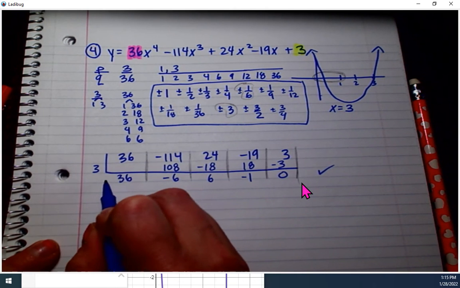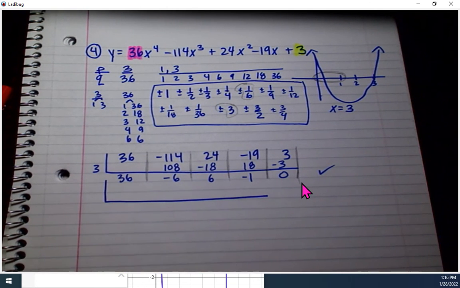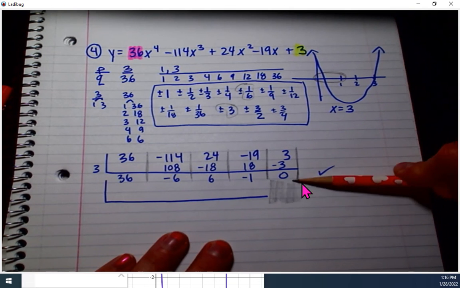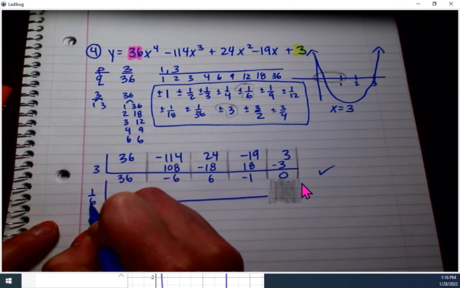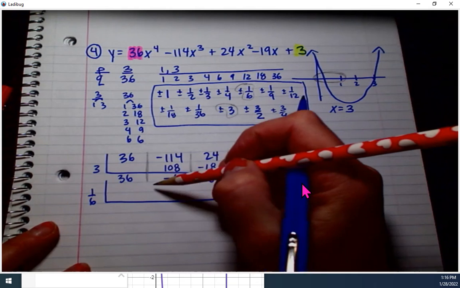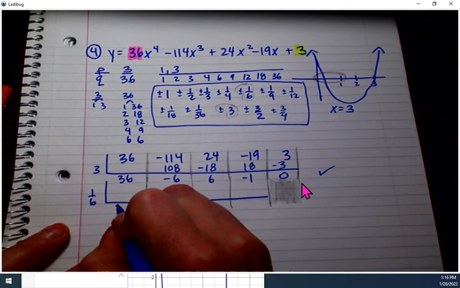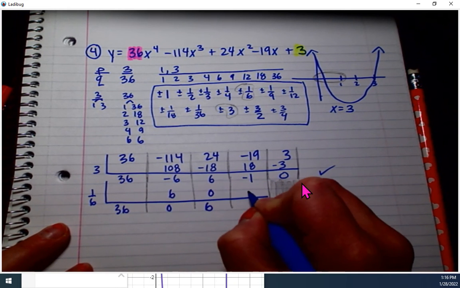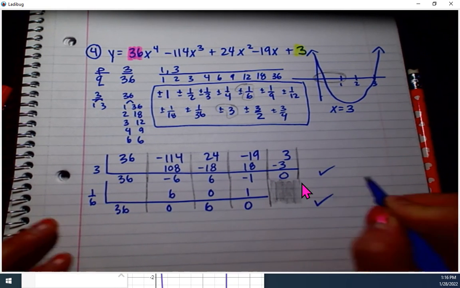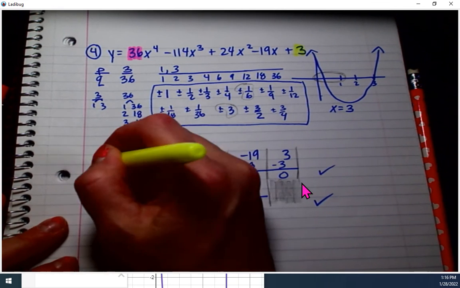Am I extra lazy and I'm not even going to rewrite my numbers? Oh, that's what I've been doing. Oh yeah, totally. All right, I'm just going to rewrite my numbers. Just like this. Just keep bringing it down. Okay, that's it. Those are all the zeros I found from my graph.